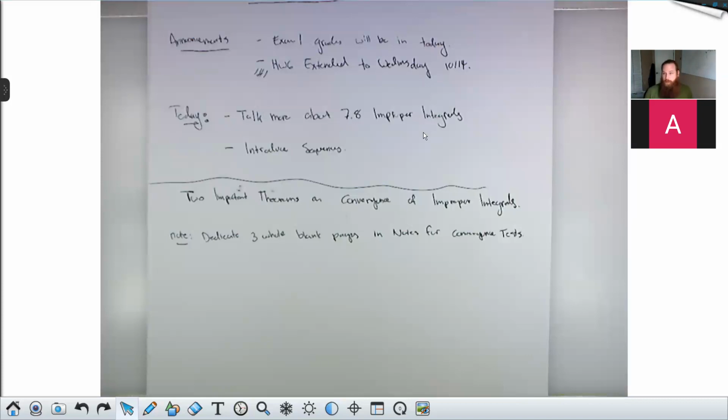Because these theorems are kind of lengthy and you'll want to have somewhere you can flip to them quickly and find them so you can refer back to them, because you will be doing so often. So I'll say that again.